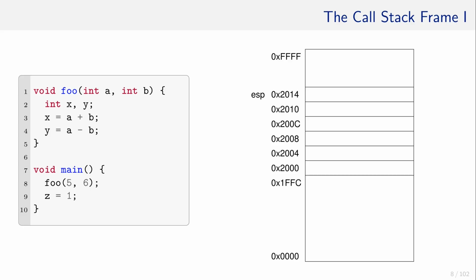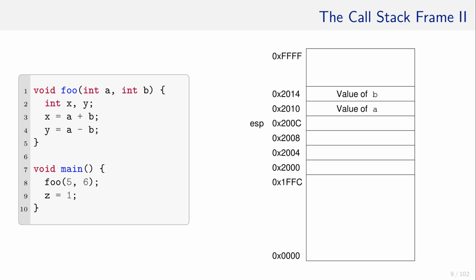On the right is our RAM. We see that one of the addresses is marked as ESP, which is the current head of the stack. It points to the next available address in the stack and is therefore also called the stack pointer. Let's see what happens if the call to foo is executed.